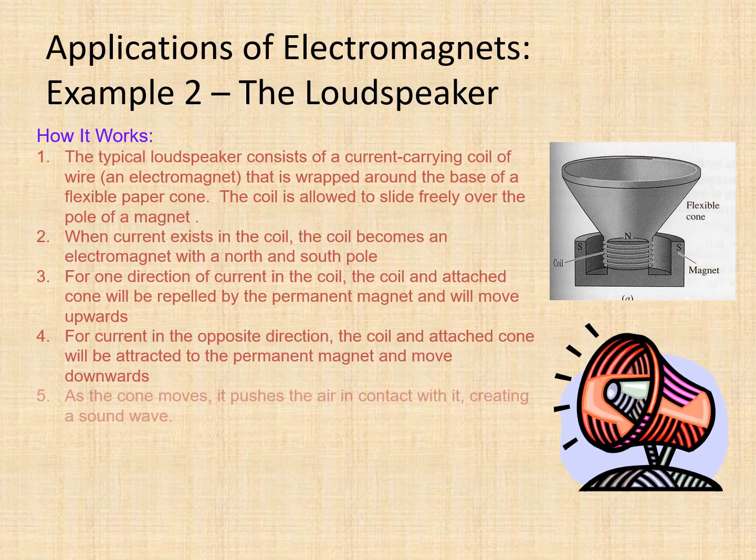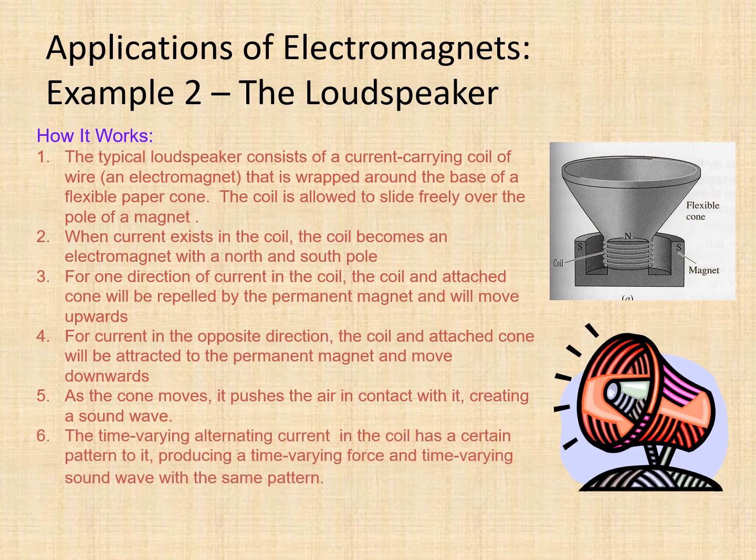As the cone moves, it pushes the air in contact with it, creating a sound wave. Now, the time-varying alternating current in the coil has a certain pattern to it, producing a time-varying force and a time-varying sound wave with the pattern. So the idea is that your current is not constant, but the current has a certain pattern which matches the pattern of the sound wave you're trying to create.